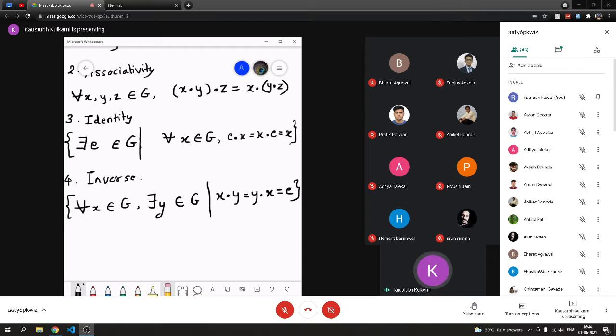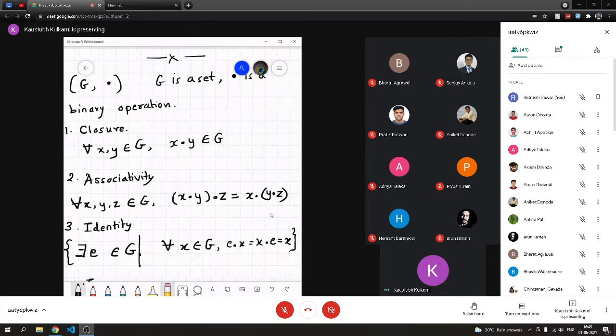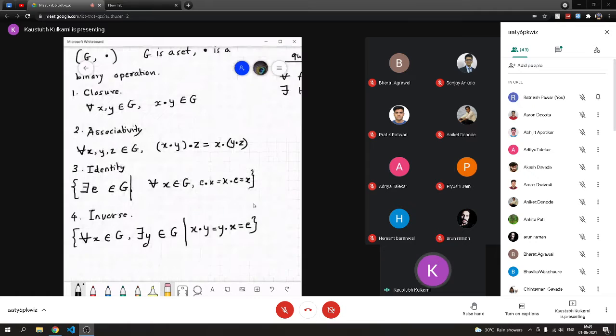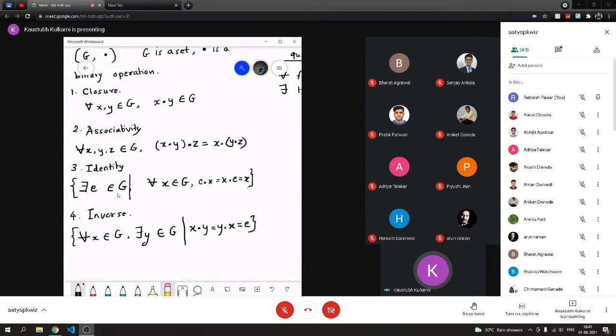If you study any matrix, most of the properties will not follow from this table. For a matrix that is not a square matrix, the left identity is not the same as the right identity. Dimensions itself are different. Similarly, in case of inverse, left inverse and right inverse will be different.